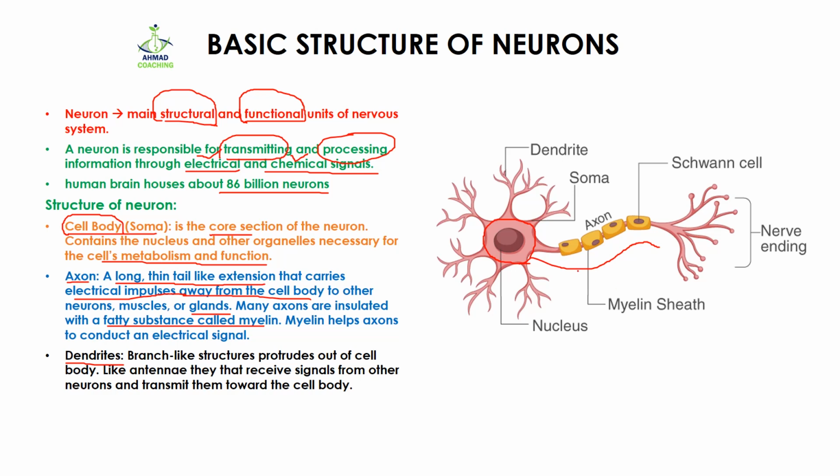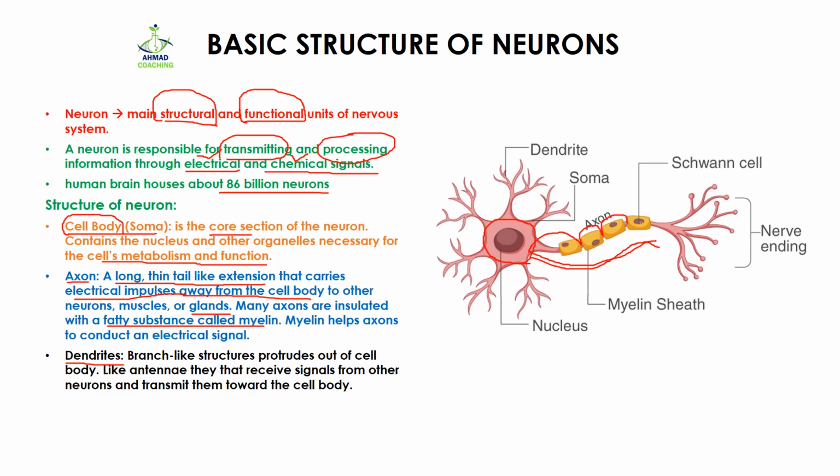Because of the presence of myelin sheaths, instead of spreading in a straight line, the impulses jump from one node to another node and another node, because there is a fatty substance present, so they cannot pass through it.